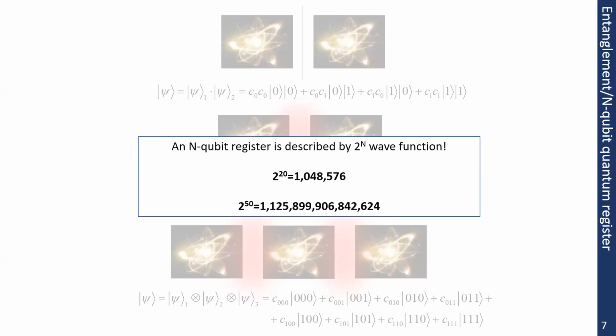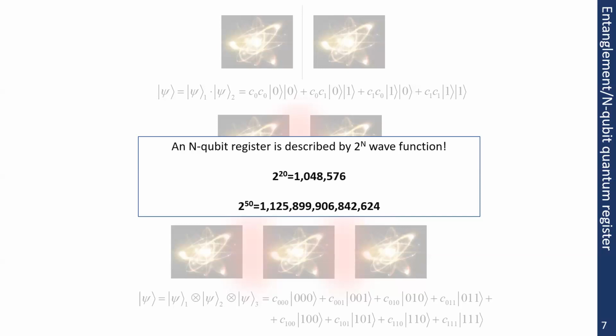So I mean that if you want to save the quantum state of a system composed of 20 qubits, you would need 1 million, or actually roughly 2 million numbers in your memory. Okay, and this scales by 2 as you add more and more qubits to the system.